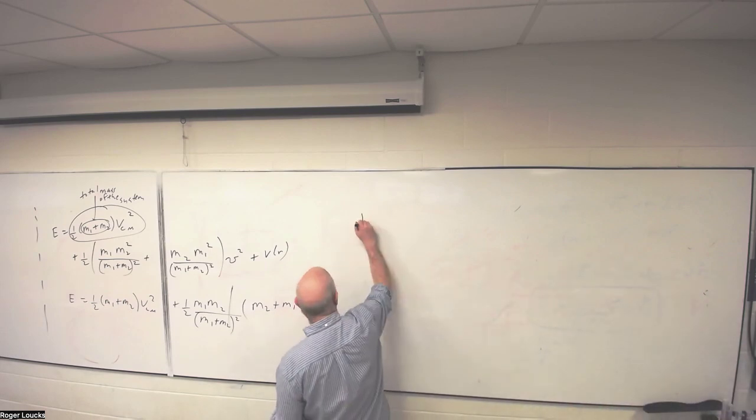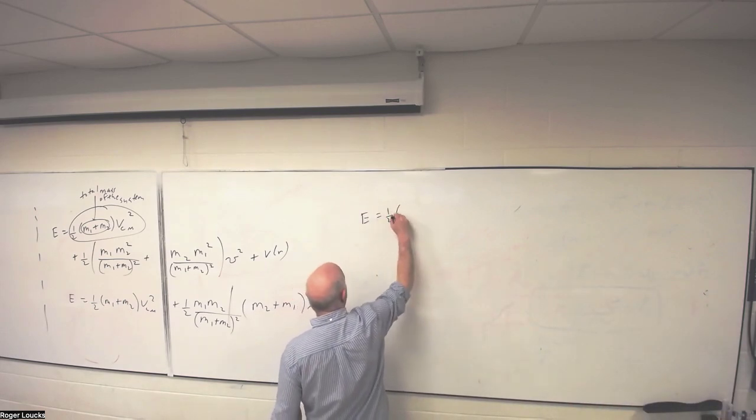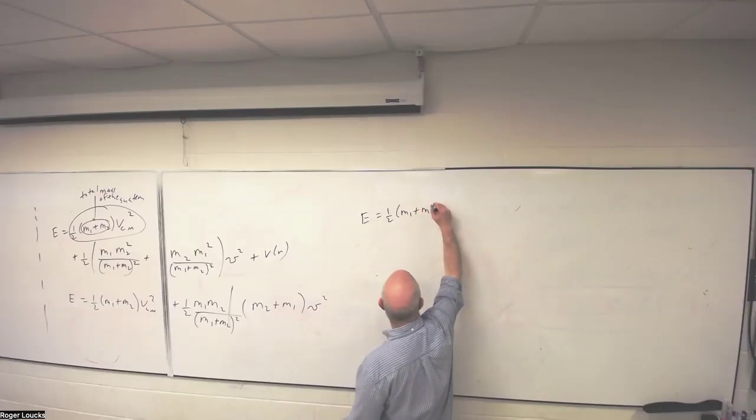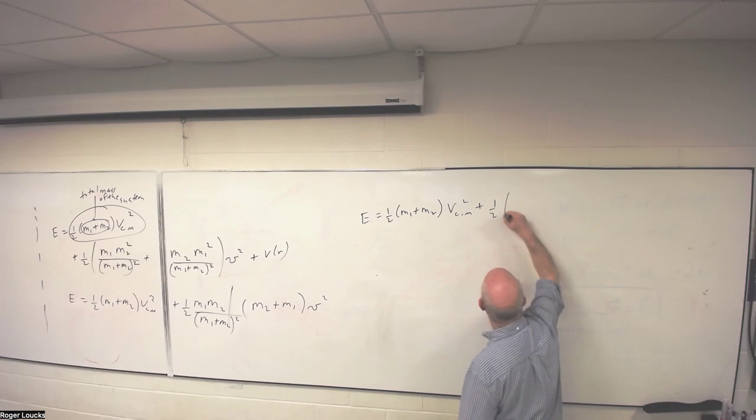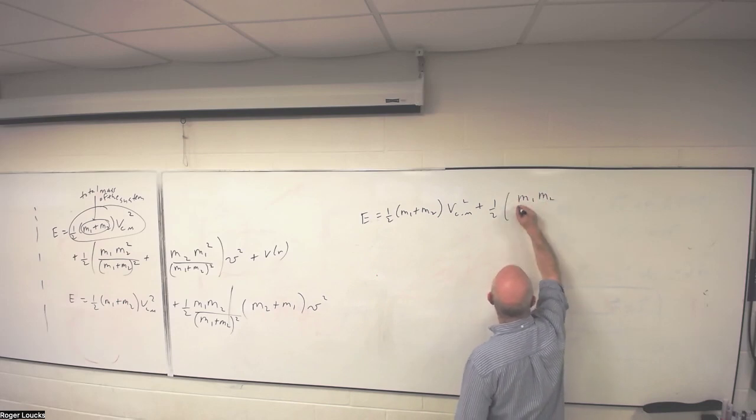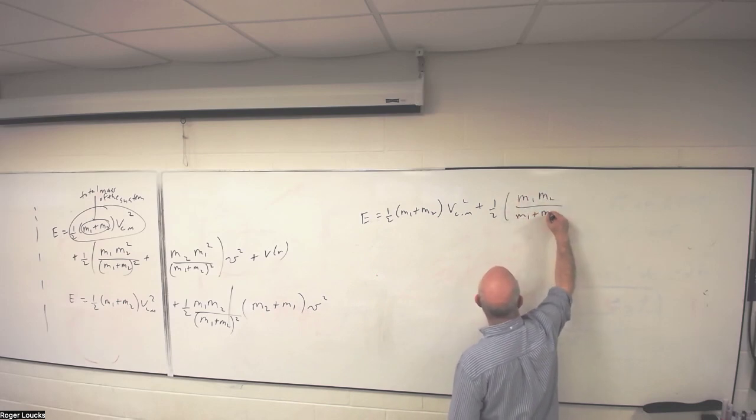Okay, so this gives me 1/2 M1 plus M2 B center mass squared. It's 1/2 M1 M2 over M1 plus M2.